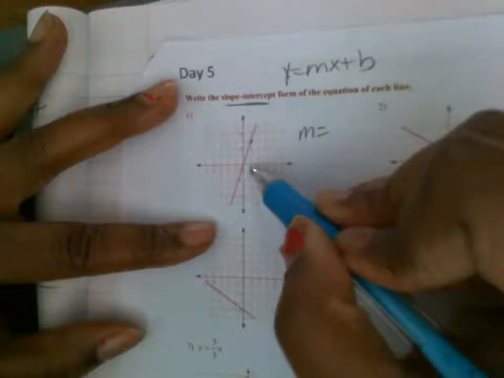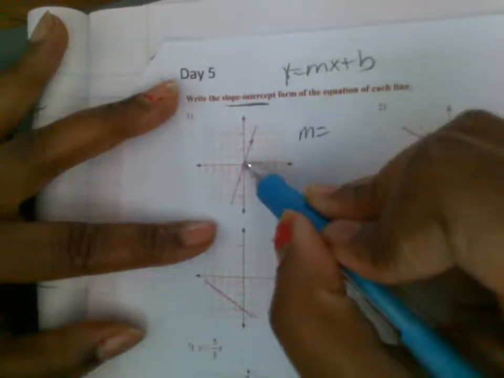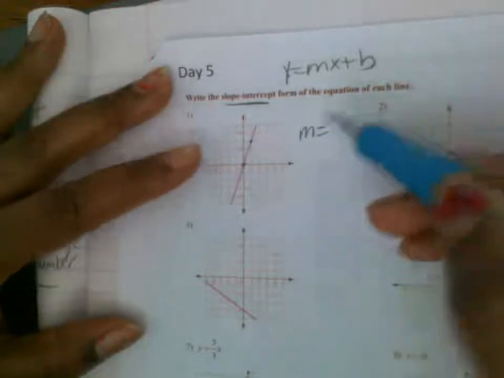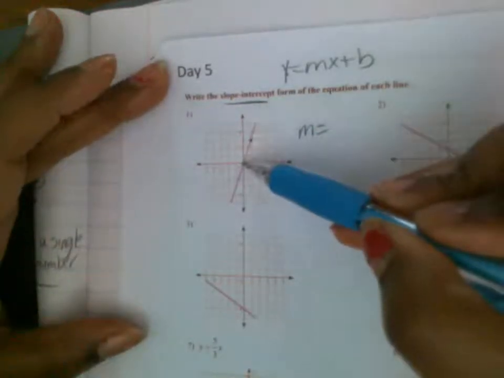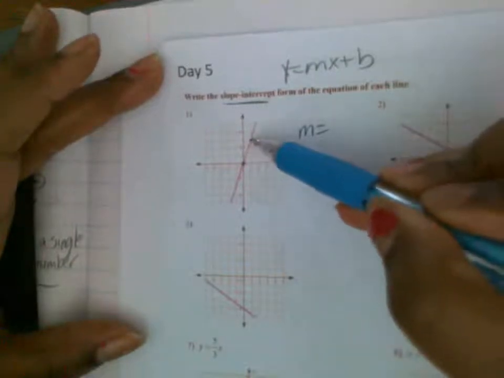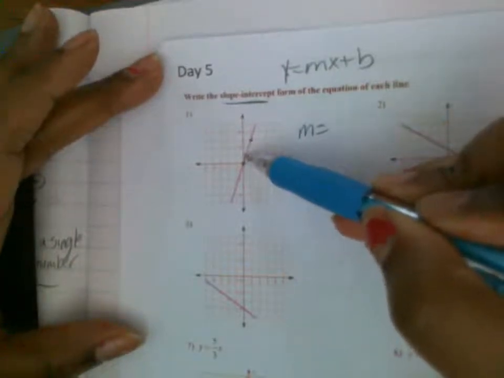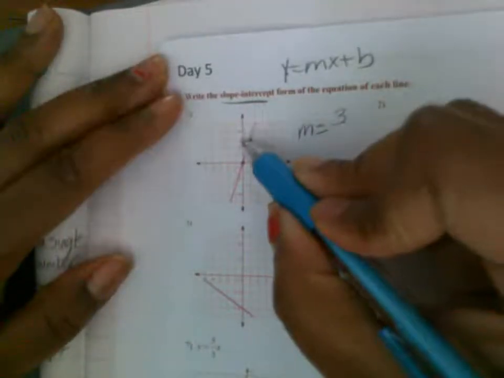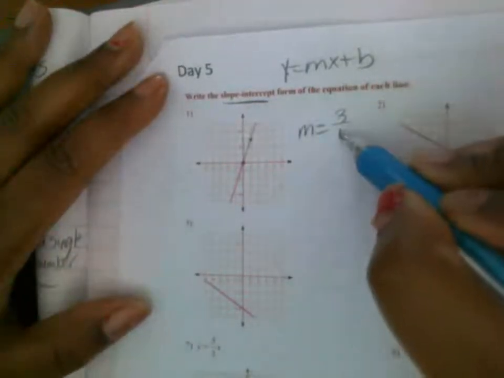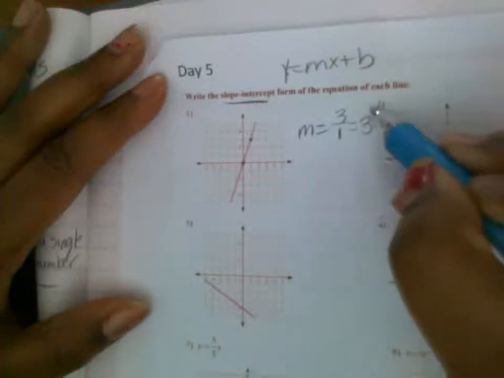Okay, and I can read this point right here, 0, 0. So I'm going to use these 2 points. I know my slope is positive because my line is going up. So I'm going to count how far it's going up from this point to this point. It's going up 1, 2, 3. So my top number is a 3. And then it's going over to the right 1. So my slope right here is a positive 3.